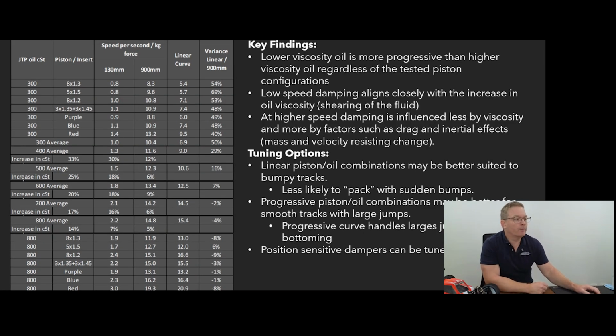Now, just to reiterate what I was discussing with the damping and how higher speed damping is influenced less by viscosity and more by other factors, that applies where we've got a progressive curve at high speed. I just want to make that clear. Where we are at higher numbers above what we call our linear curve, there are other factors at play other than those shear type forces, laminar flow.